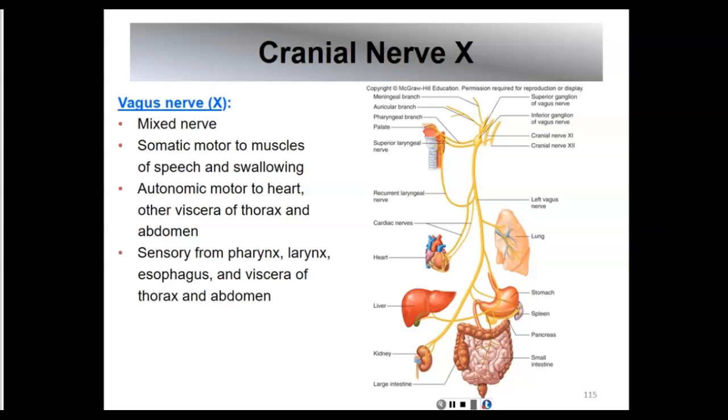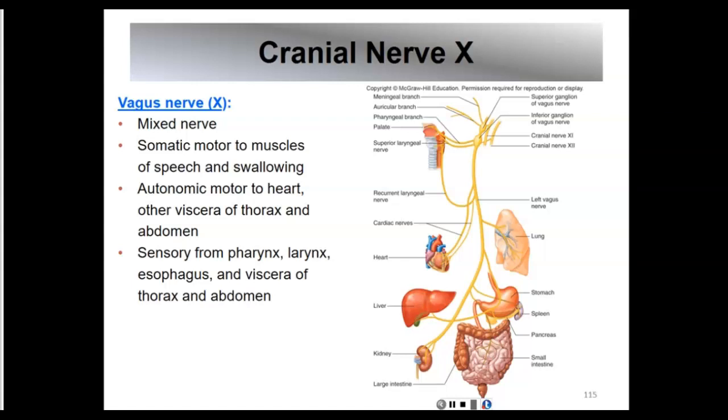Number 10, vagus nerve. Well, they're all important, but this is a mother of cranial nerves. This is so huge, and it has major function to your organs. It's going to practically everything in your abdomen and your thorax.